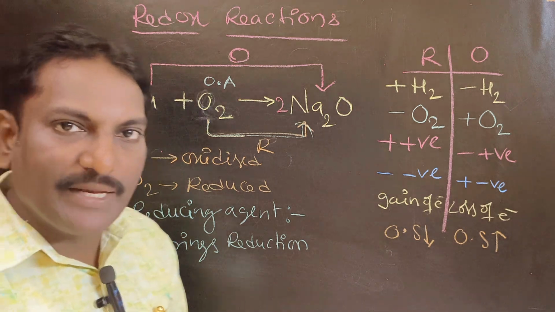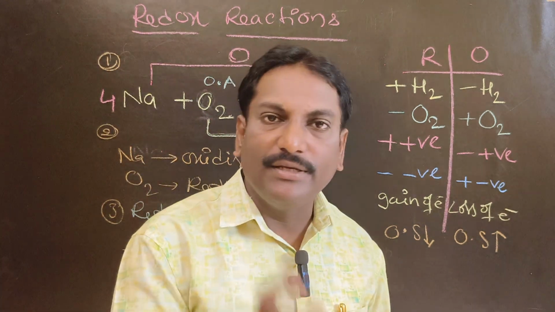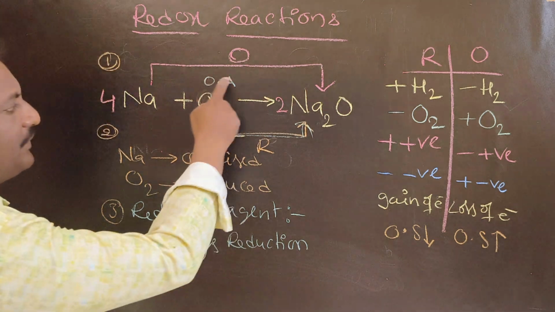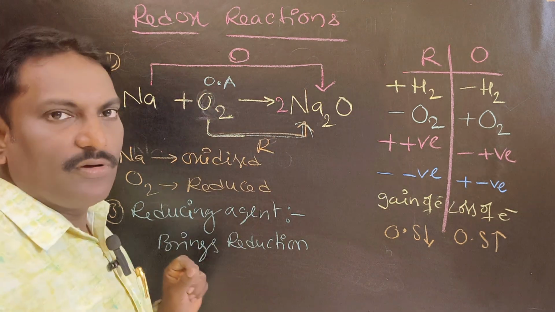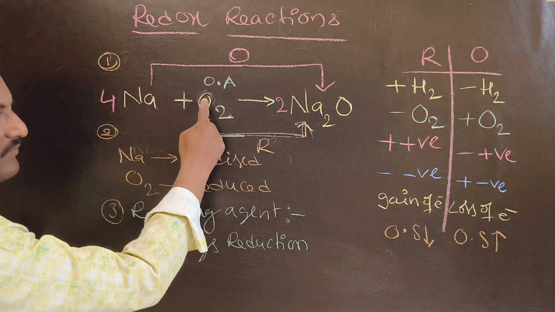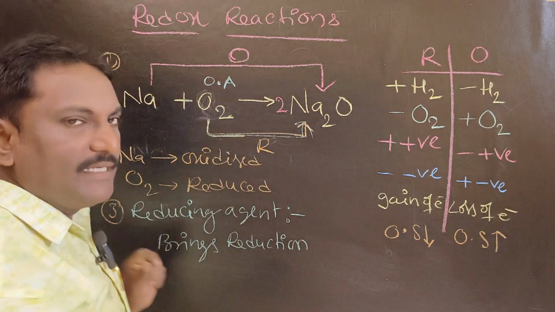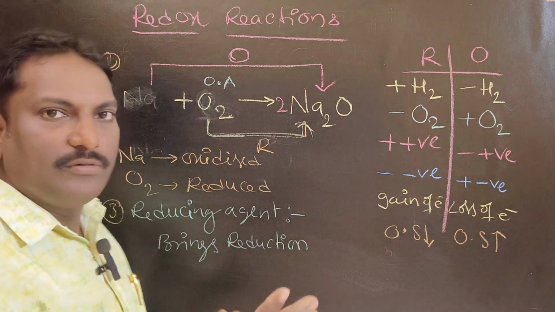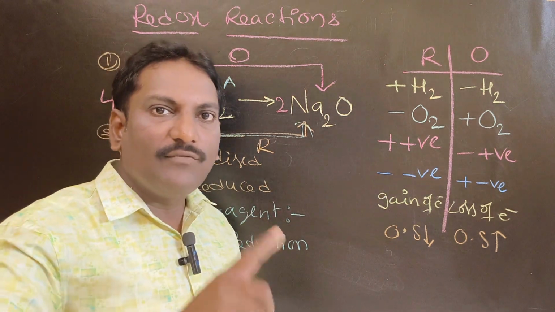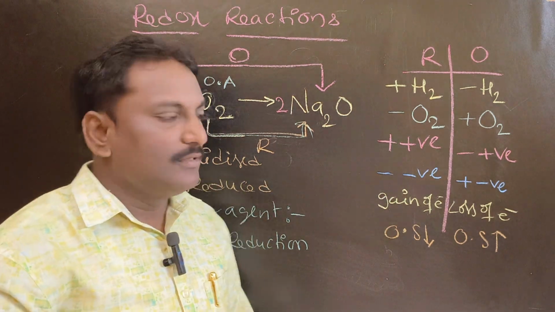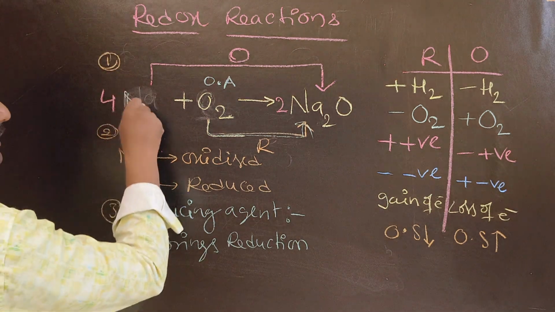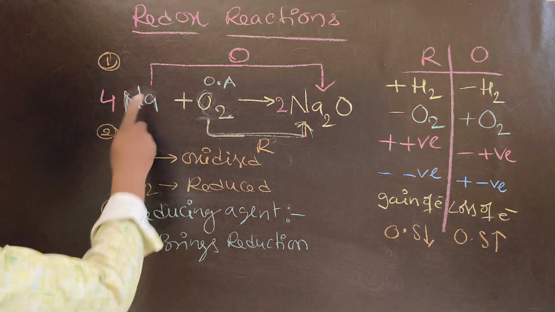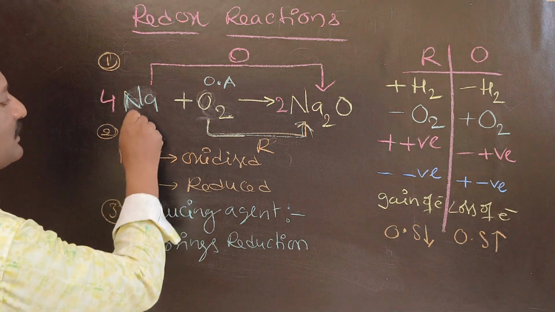The substance which brings reduction in the reaction is called reducing agent. At the same time, reducing agent itself undergoes oxidation. Here, the conversion of oxygen to sodium oxide is reduction. Without sodium, there is no conversion of oxygen to sodium oxide. So here, sodium brings reduction in the reaction. So that's why sodium is considered as reducing agent.